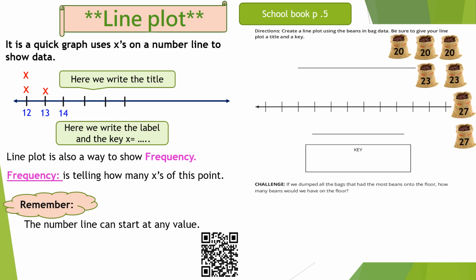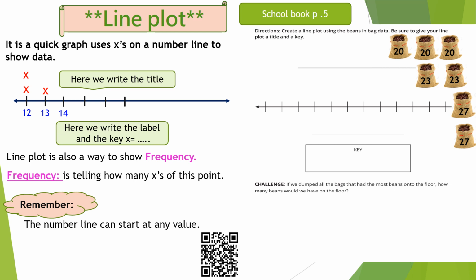Here we have bags of beans, and we counted the beans inside the bags, and we found that we have 3 bags, each one contains 20 beans, and we have 2 bags, each one contains 23 beans, and we have 2 bags, each one contains 27 beans.